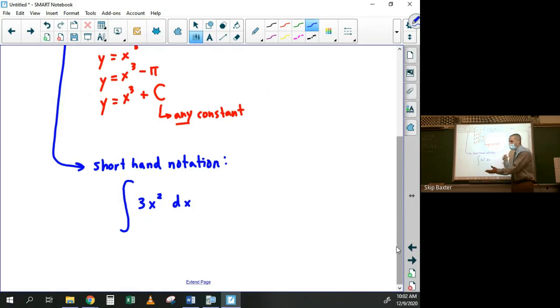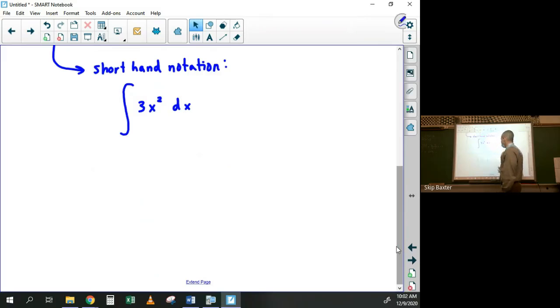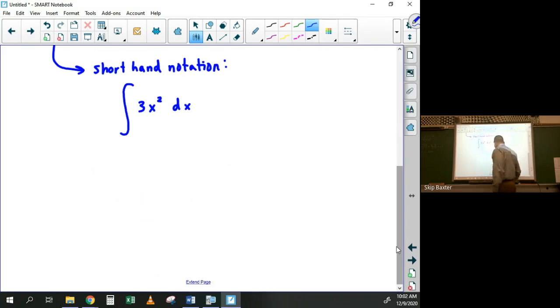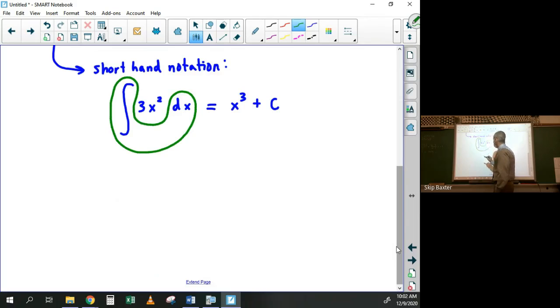It's necessary to have it there, you can't not have it there, but it doesn't really do anything, okay? So you would say this is equal to x cubed plus c in this case.